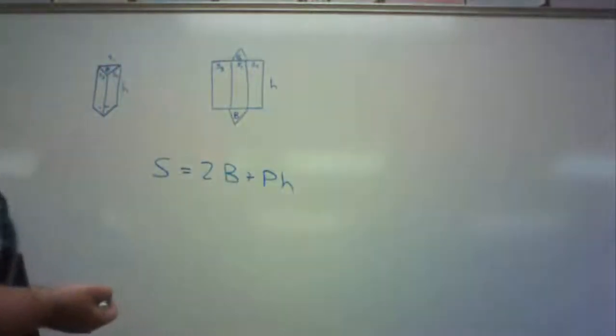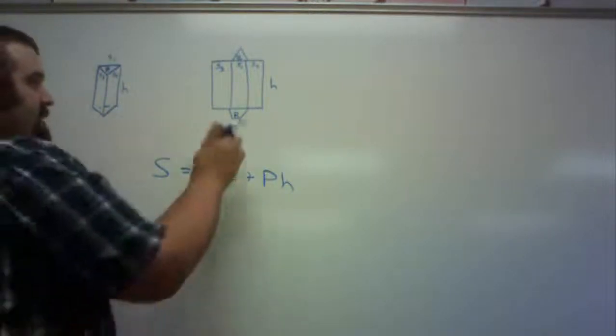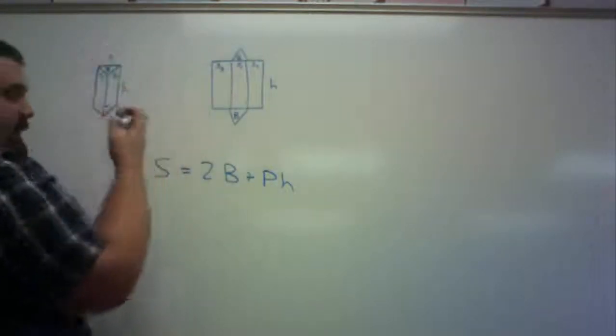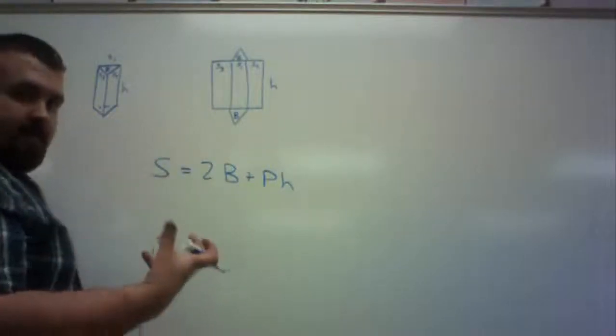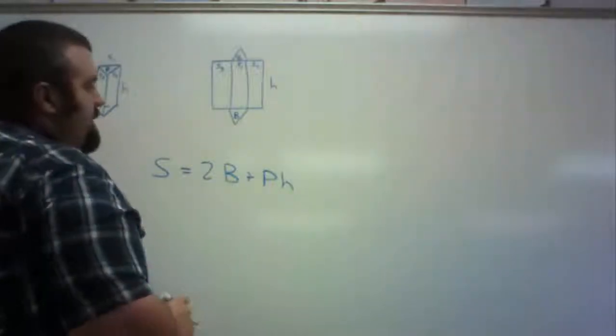But how does that actually work? Why do I get perimeter times the height for that area? Well, base area plus base area, top and bottom, makes sense. Base area plus base area is 2 base area. But how do I get perimeter times the height?